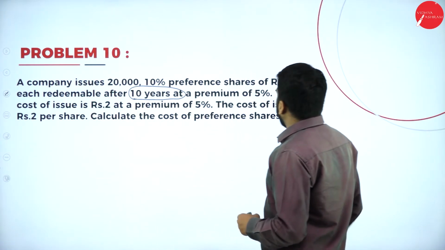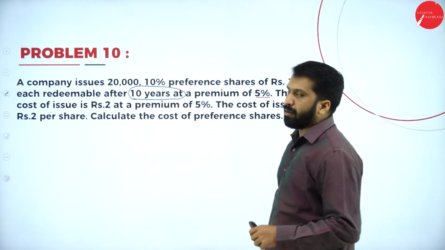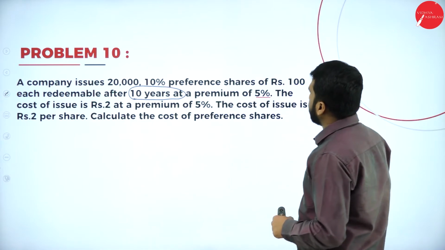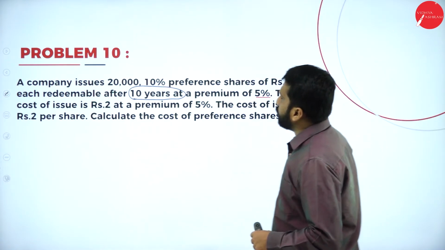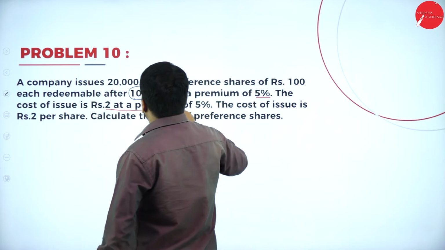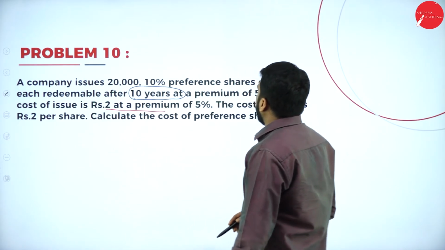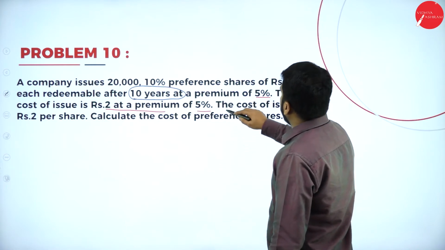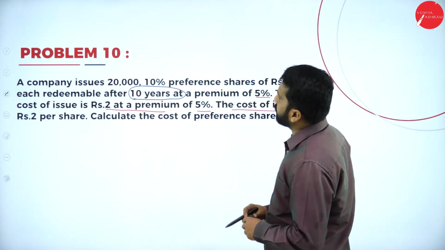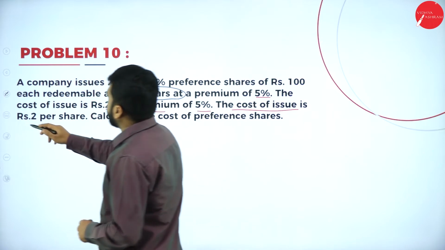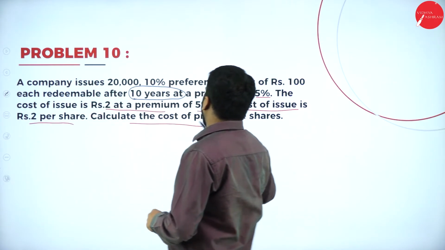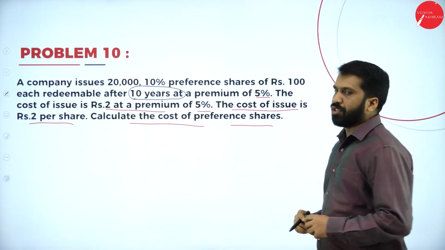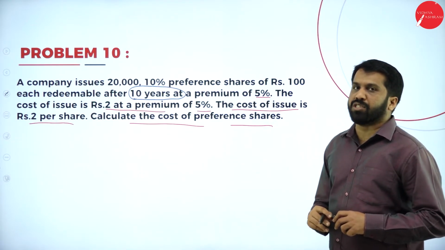At the time of redemption, there was a premium of 5%, and the cost of issue is rupees 2 per share. Calculate the cost of preference shares. So these are the informations we have.